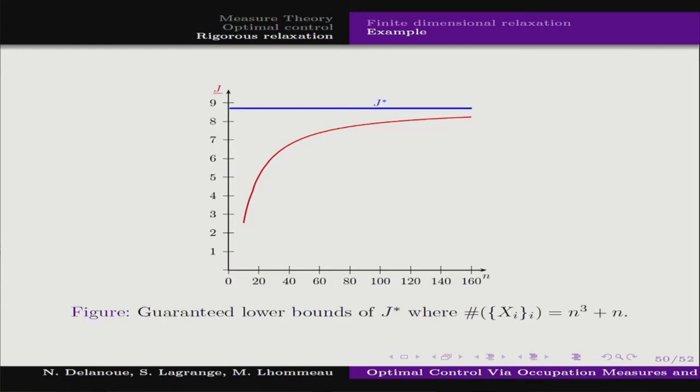For this example, it's very nice because you can compute explicitly the optimal value. You can see here that, as long as we divide our set, the lower bound converges to the optimal value.